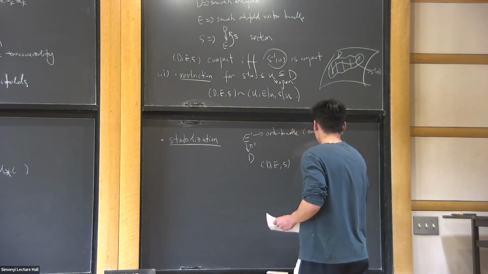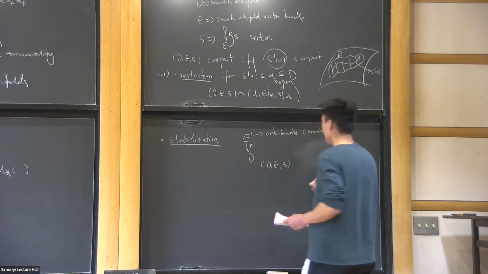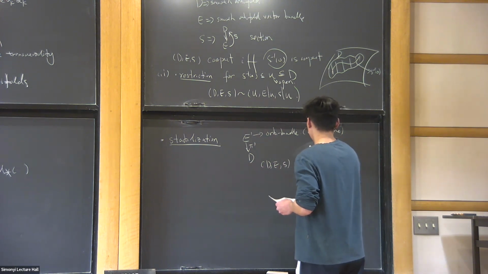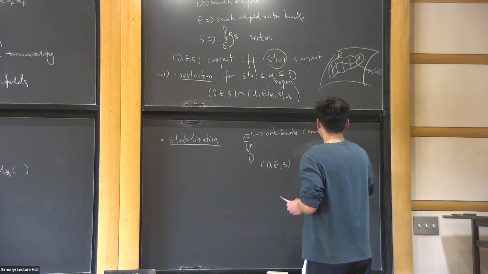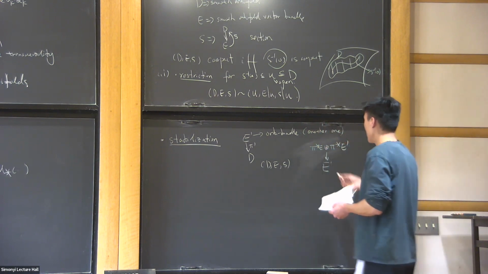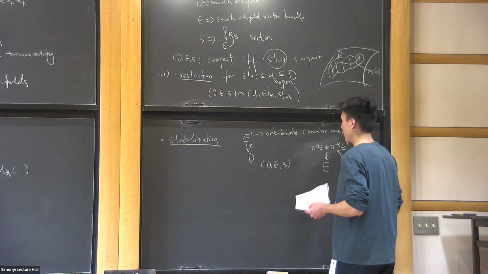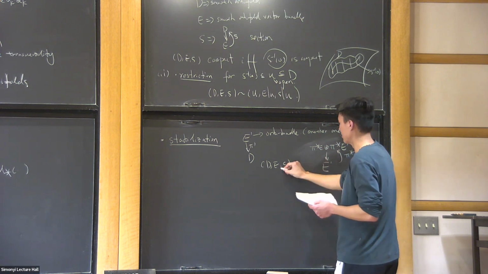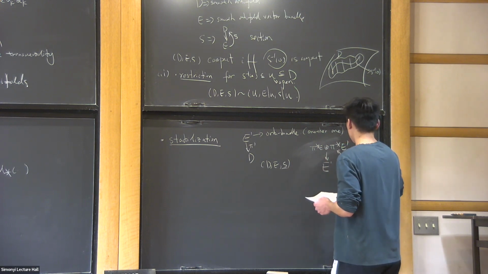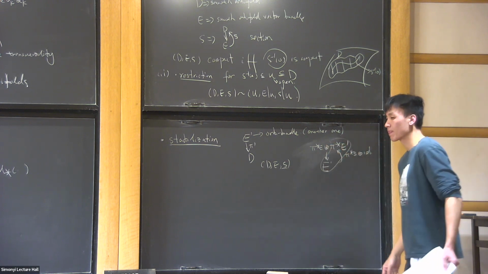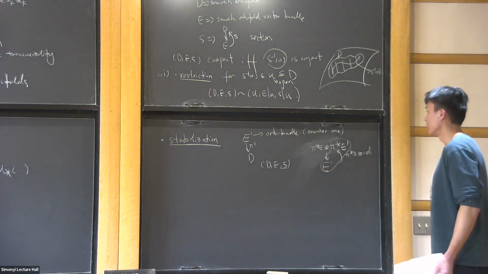So the ambient space is given by this new orbifold bundle, and the orbifold bundle living over there is given by the direct sum of the pullbacks of these two vector bundles. Then we can make a section out of this by looking at the direct sum of the pullback of the ordinary section here, together with the tautological section for this pair. Okay, so this is called stabilization.